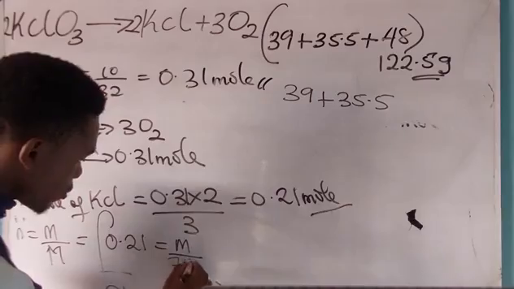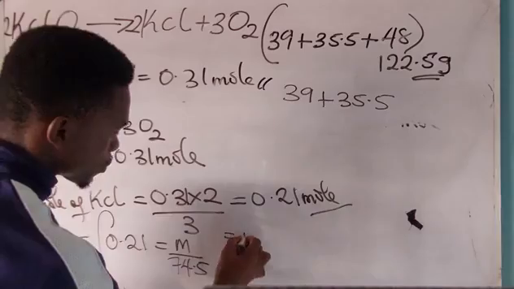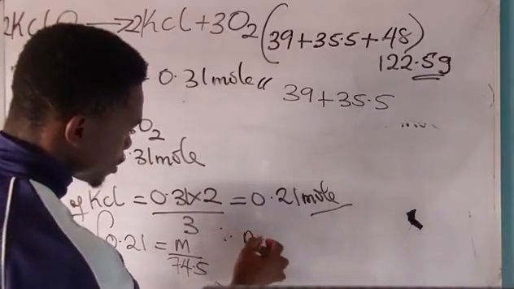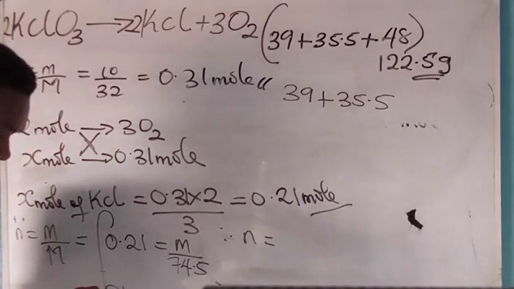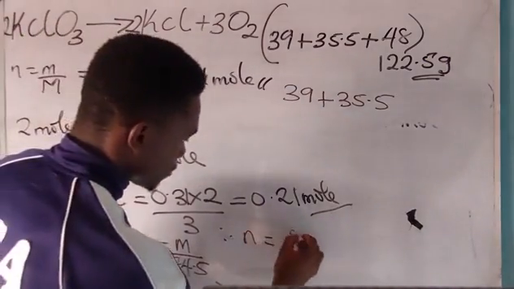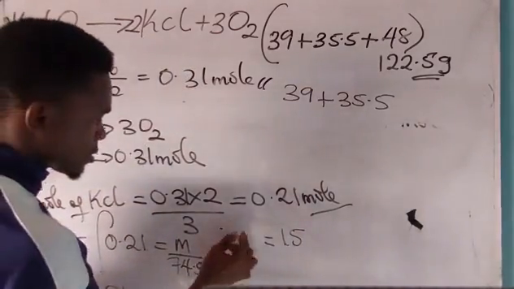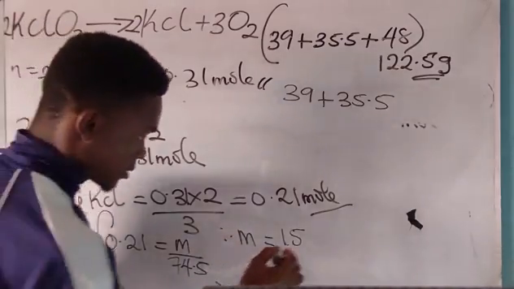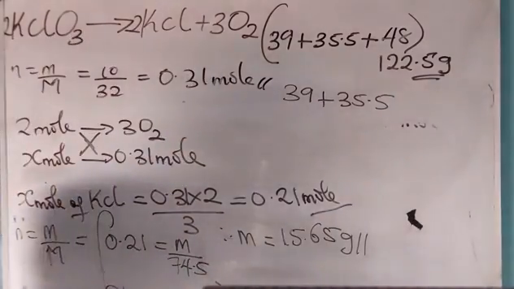Therefore, mass equals 0.21 times 74.5 equals 15... Sorry, mass, 15.65 grams. So let me take the question again.